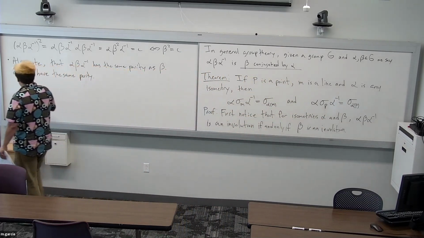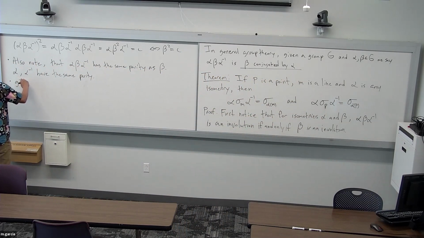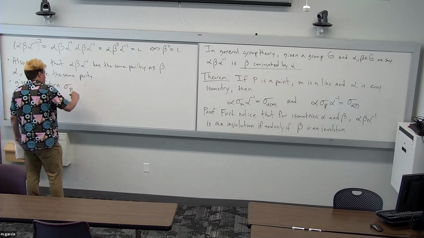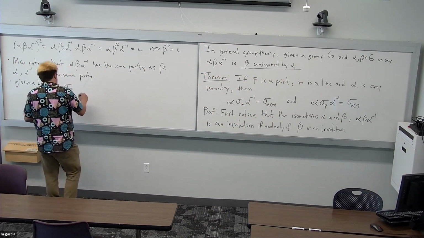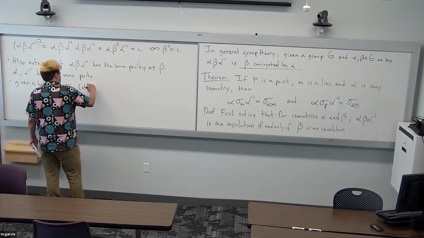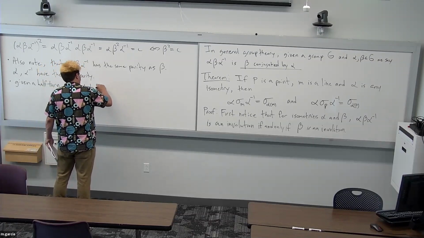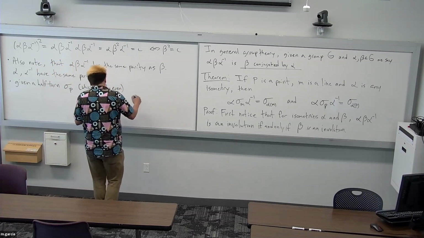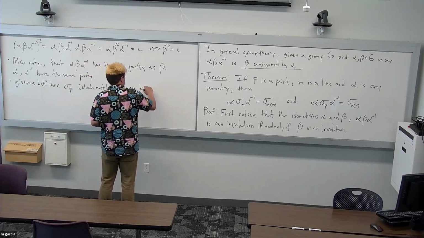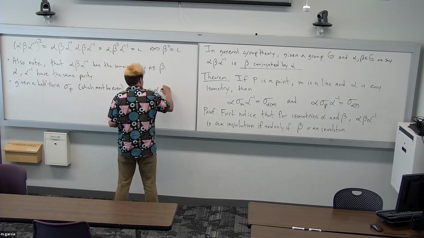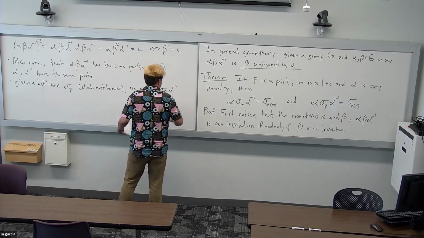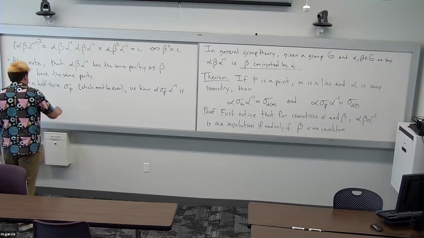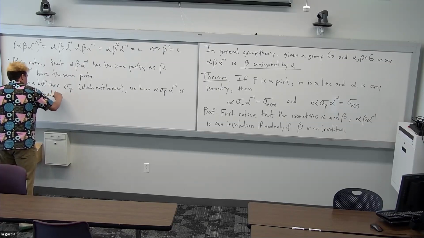Okay, so let's start with half-turns. So, given a half-turn, sigma sub p, which we know is even, we know alpha sigma sub p alpha inverse is an even involution, right?